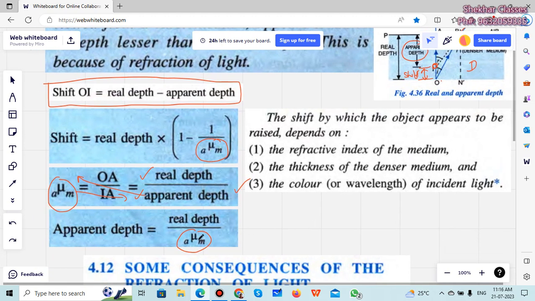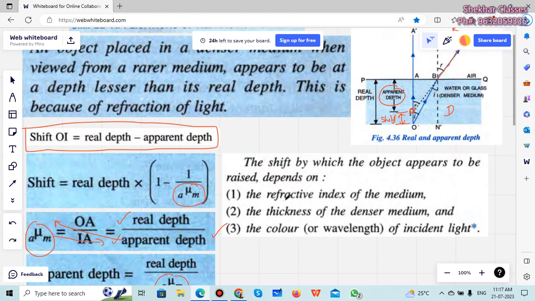You can see apparent depth is real depth upon the refractive index. If the real depth is 100 and the refractive index is 10, then the apparent depth will be 10. 100 upon 10. If the real depth is 100 and the refractive index is 20, then the apparent depth will be 5. So does it depend upon that? Yes, you can understand.